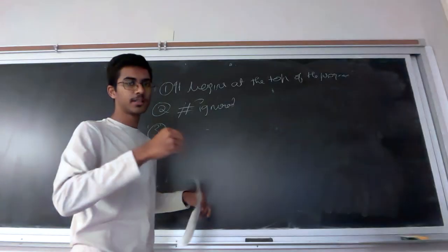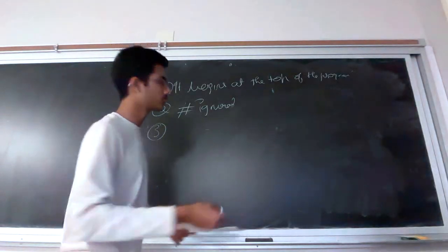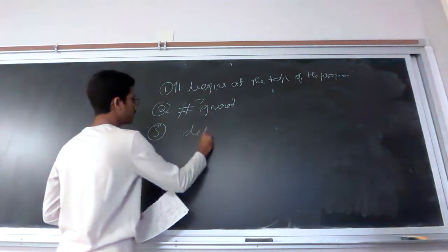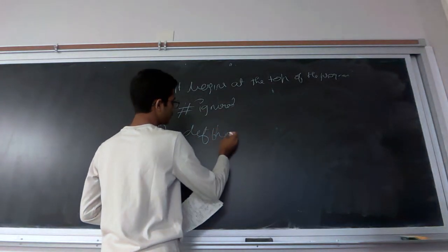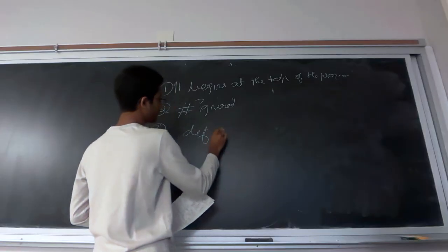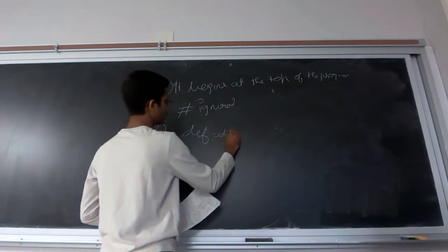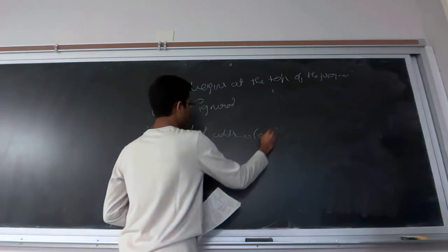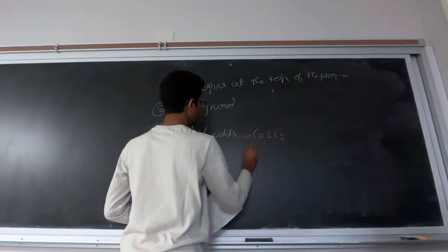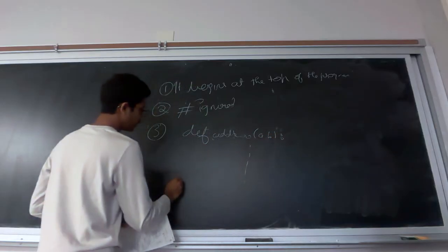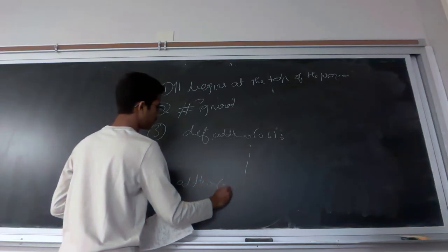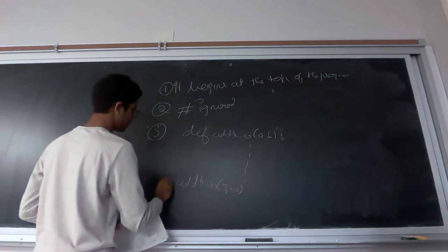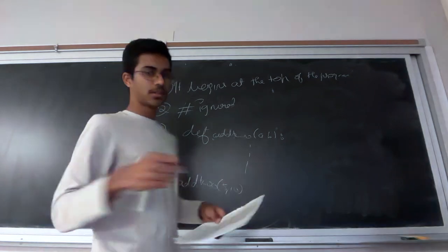When a function definition is encountered, so let's say I have def add2(a, b), some code, blah blah blah, and then add2(5, 10), c is equal to. So let's look at this example.